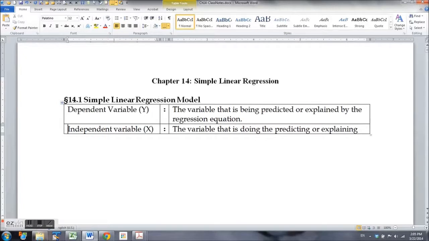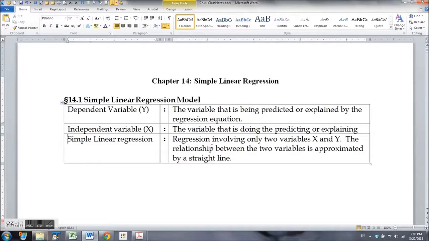For example, y can be sales and x can be the price per unit that we charge for the product. Depending upon what price we charge, we want to be able to predict what the sales will be. And we want to do this using simple linear regression.